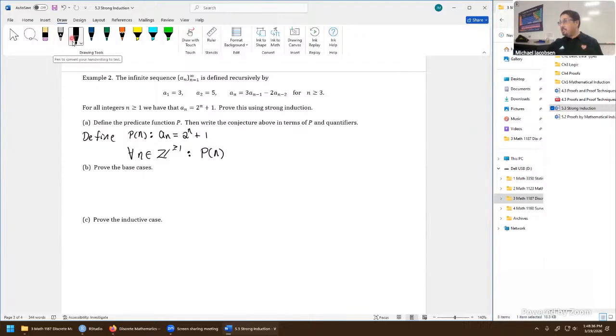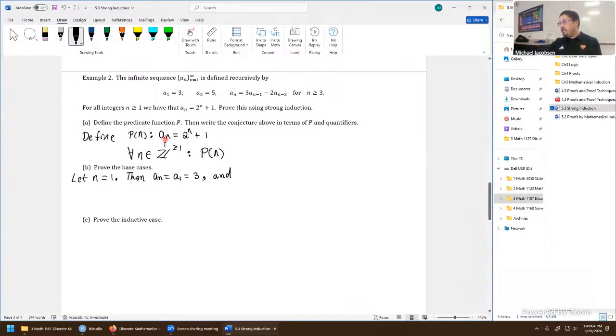So we'll start at the minimum value in the domain of discourse, really just copying the entire method of the last example. Let n be exactly 1. Then we go to the predicate here. We're checking both sides. We can say then a_n is a_1, which is, just give it to us, it's 3. We don't have to compute it.